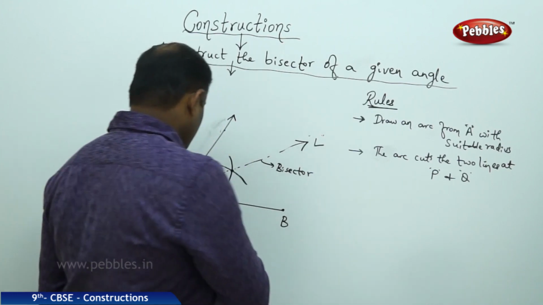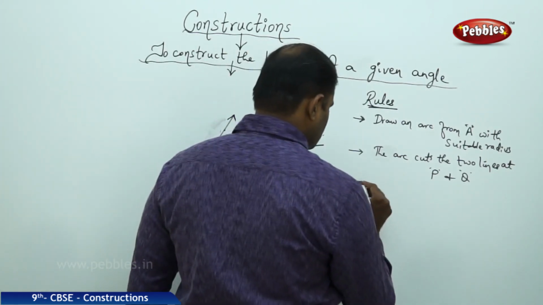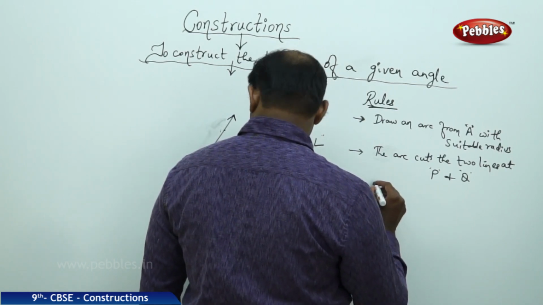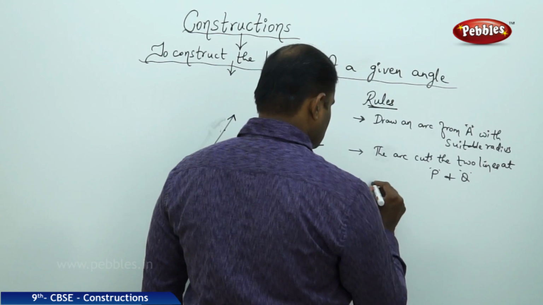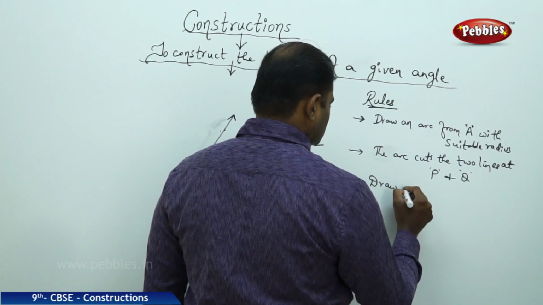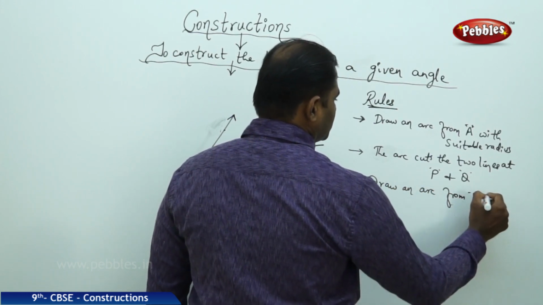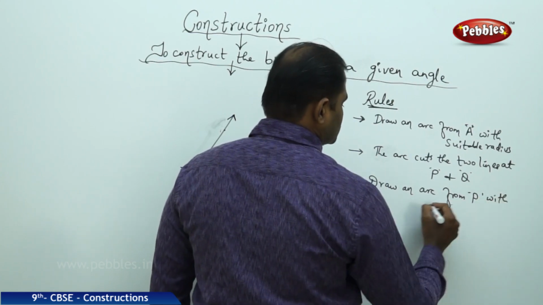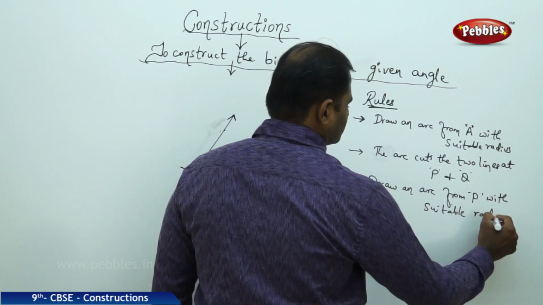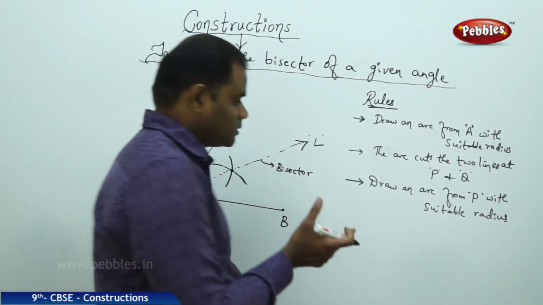So mark them with P and Q where the arc cuts the 2 lines. Thirdly, draw an arc from point P with suitable radius. It can be any radius convenient to draw.